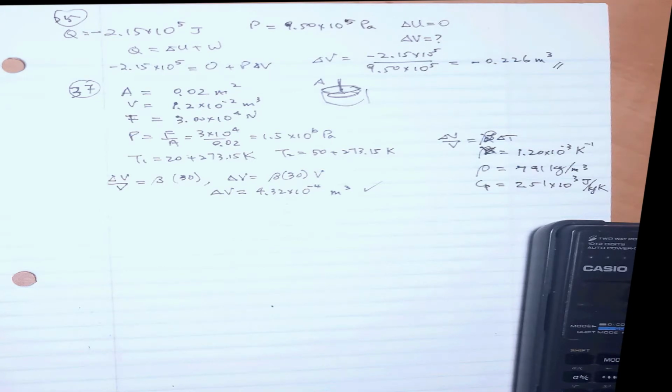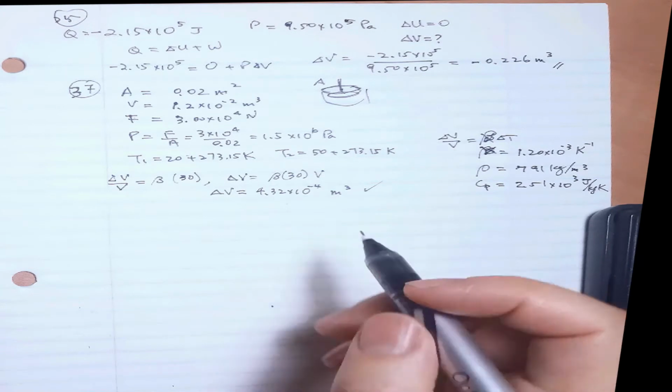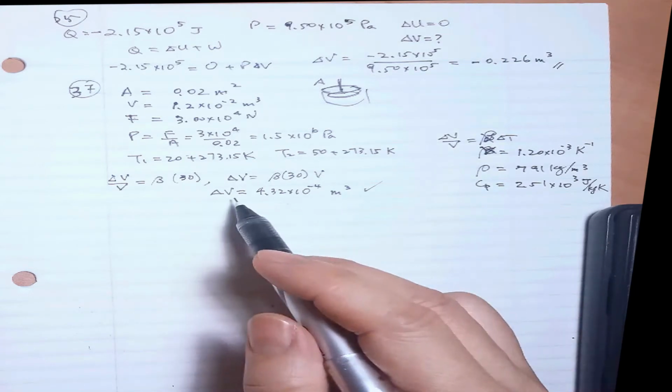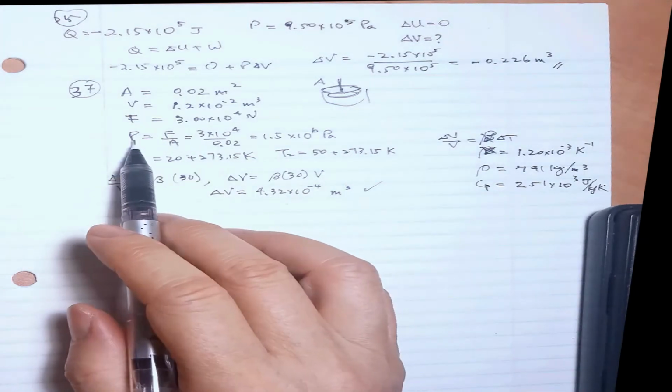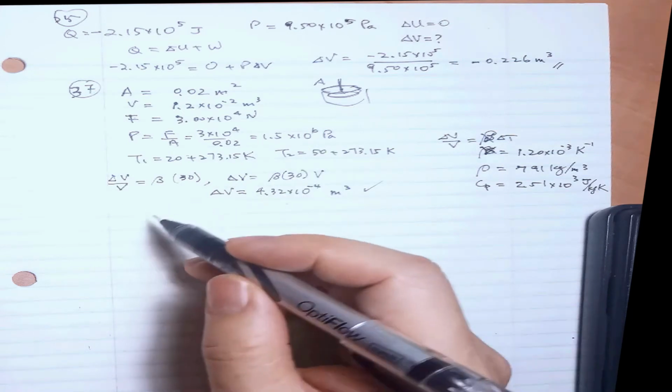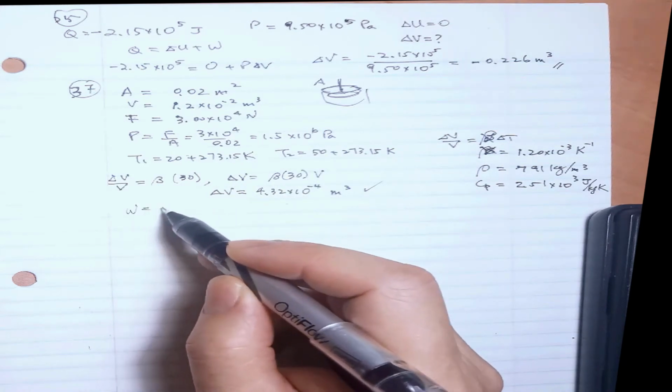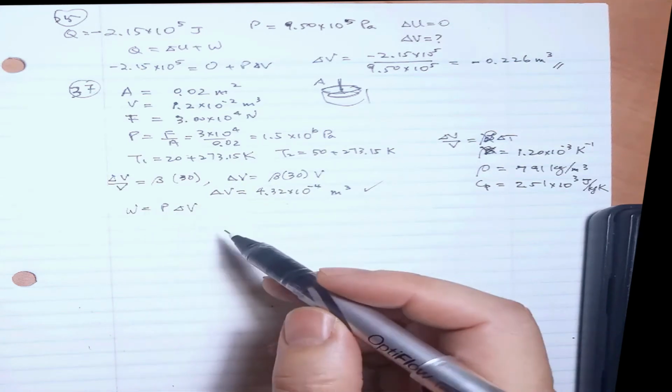And part B, it says the work done, the mechanical work done by the methanol against the 3 times 10 to the 4th Newton force. What it is really saying is that now that you have moved this much, it is against the pressure being supplied, and we know that work done is pressure times change in volume.